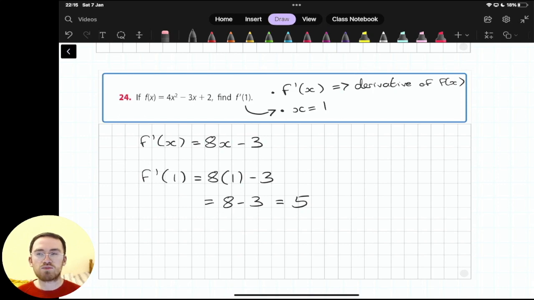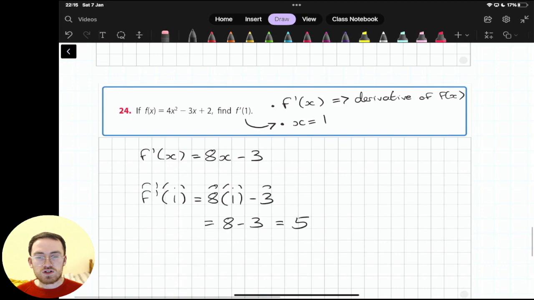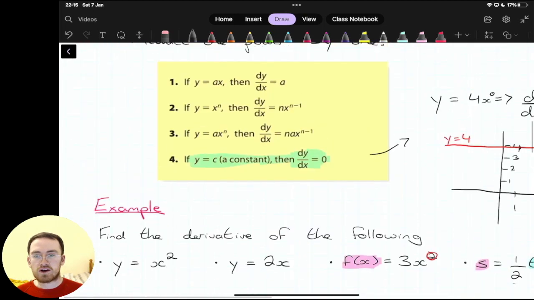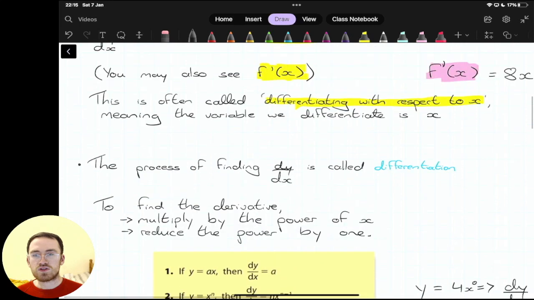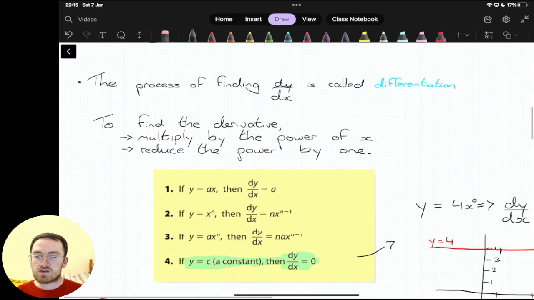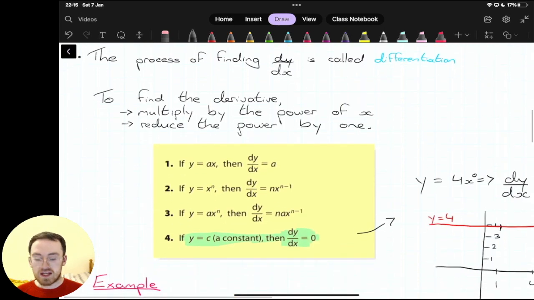Okay, so these are the important types of questions to be aware of and to be comfortable with. All of this, if we're summarizing again, comes back to these key points that we had written up here. So this idea that dy dx or f dash x is the first derivative, we are differentiating with respect to x, and to find the derivative we follow this main rule here in the center.